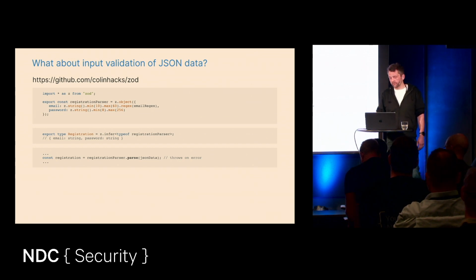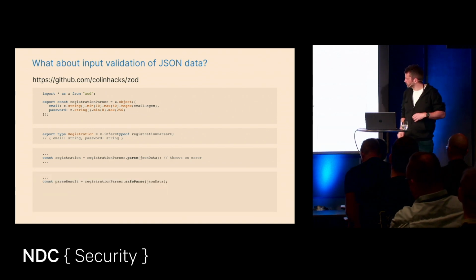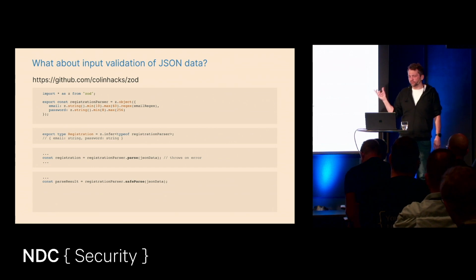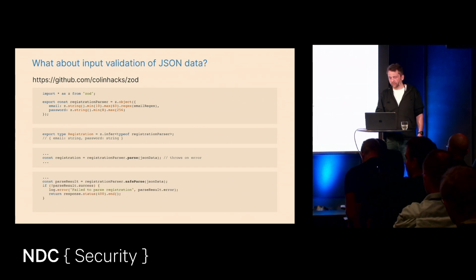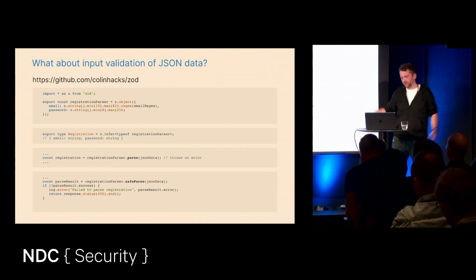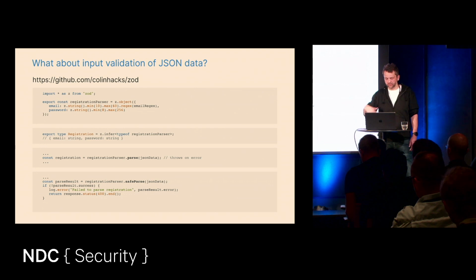It also has a similar way of using it as the Either. We can use safeParse. So with safeParse, it's going to return a union type. And the union type is either a success or it's an error. So in this case, I'm asking, is this a success? And no, it's not. Then I have parse result error, which I can use if I want to show an error message, or if I want to log an error message, or whatever.